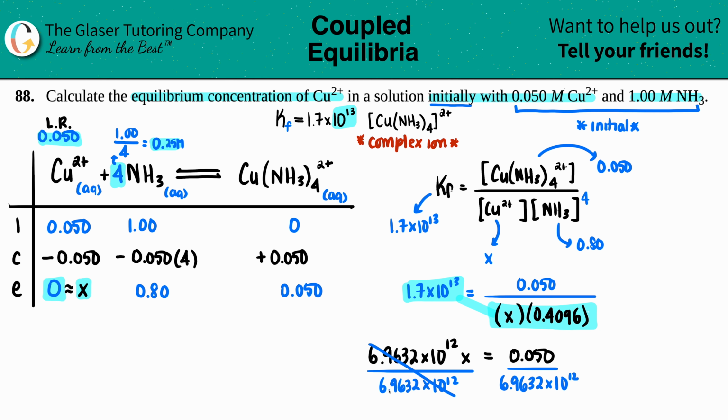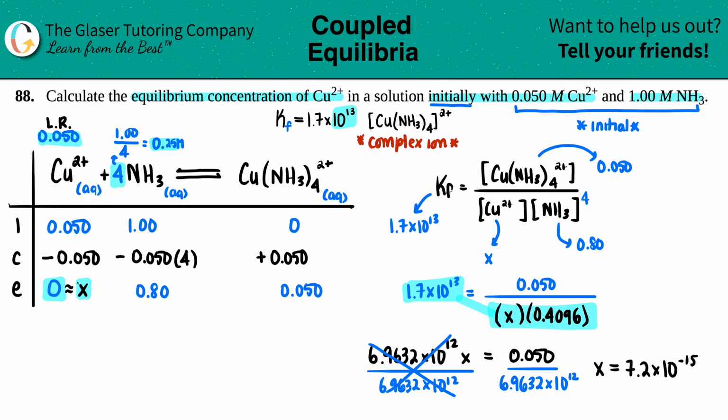This will cancel. And now we're just left with the next value. 0.05 divided by that number. And looks like 2 sig figs. So 7.2 times 10 to the negative 15th. I mean, really, really, really small. Do you see how this value is so close to 0?